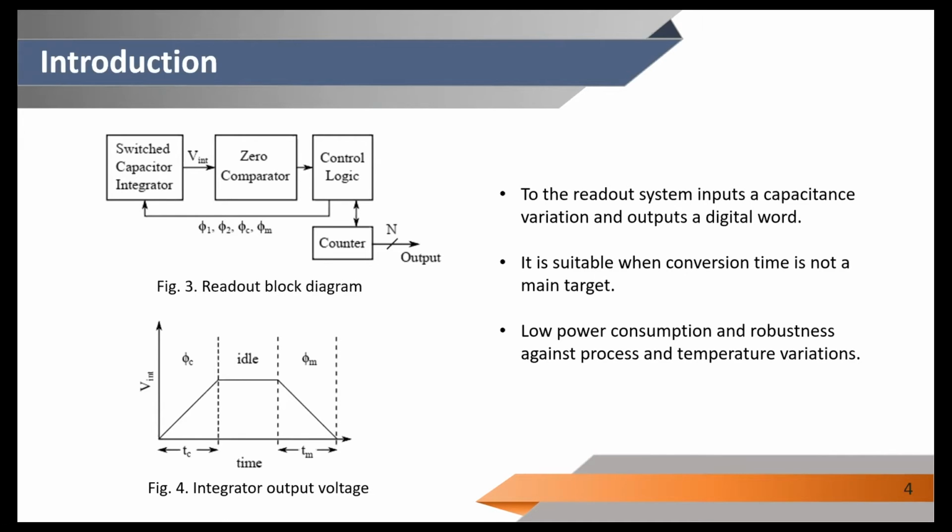And finally, in the measurement phase, the modified sensor capacitance is discharged and the counter works upward. The zero comparator detects an integrated output voltage of 0 and stops the counter, whose last value corresponds to the capacitance to digital conversion. This system is suitable when conversion time is not the main target, and a low power consumption and robustness against process and temperature variations are desirable.